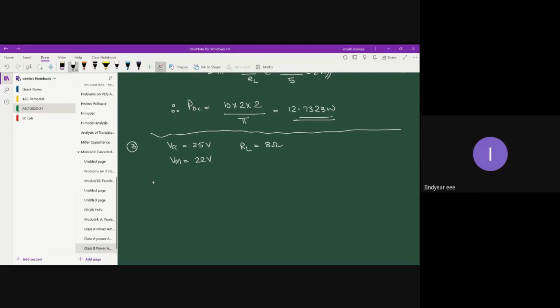And you have been asked to find: first, peak load current; second, DC current drawn by the supply; third one, input power; fourth one, output circuit efficiency, or in short, efficiency; and fifth one, power dissipation.